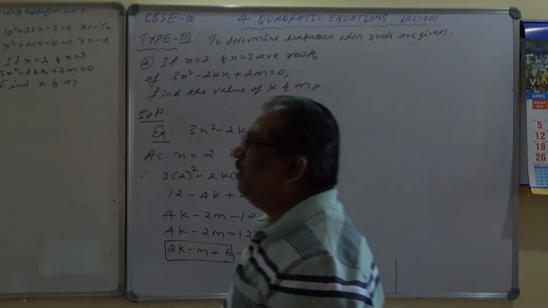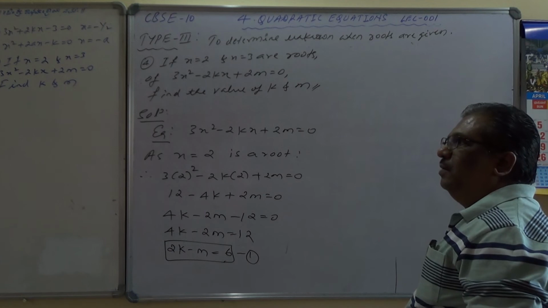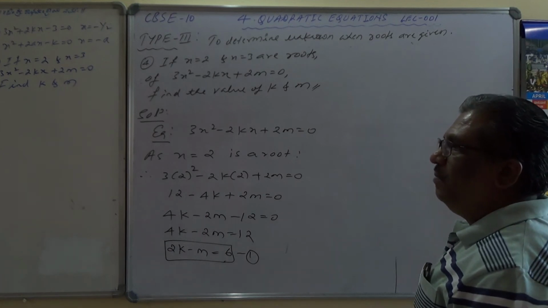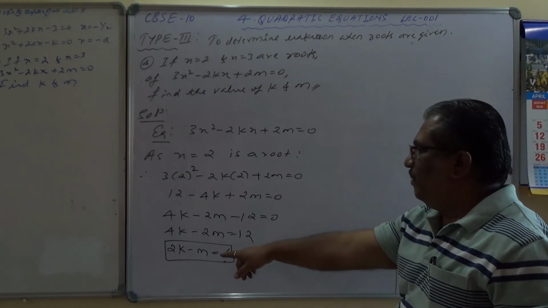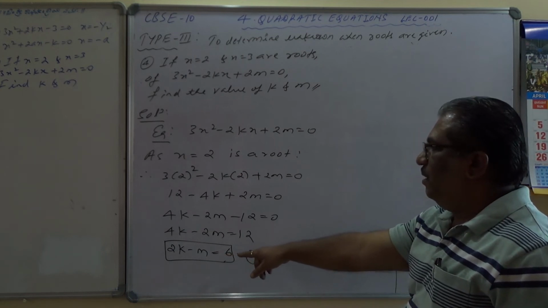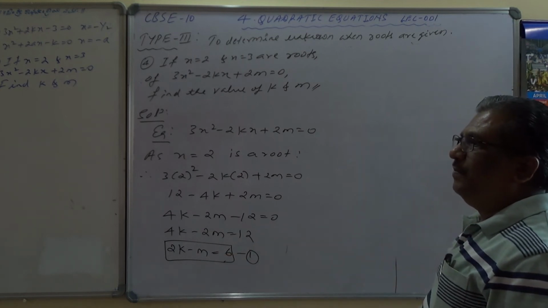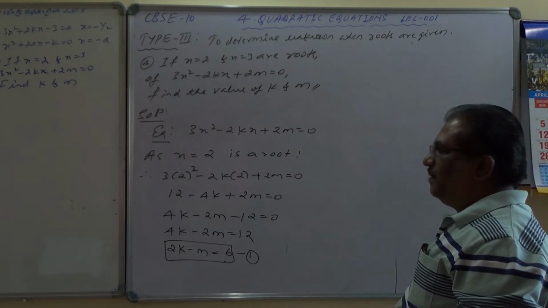Now 4k minus 2m, 2k minus m equals 6. That is the first equation.